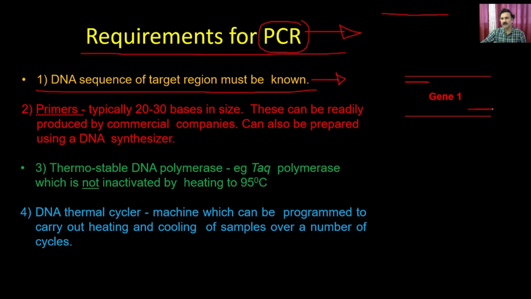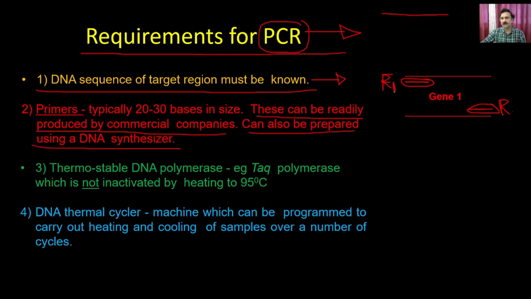If you take the complementary sequences, these two oligonucleotide sequences serve as the primers to amplify this particular gene. This primer, which is on the top strand, is called the forward primer, and this one, which is on the reverse strand, is called the reverse primer. These can be readily produced by commercial companies, or can also be prepared using a DNA synthesizer.